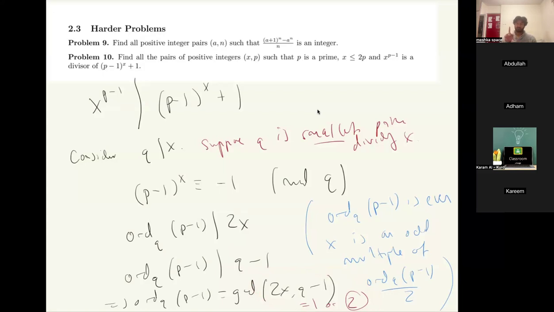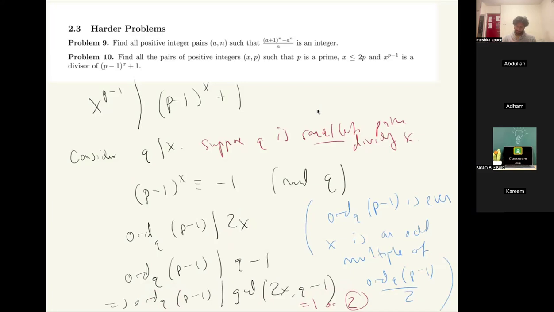You're right, if q is odd, it's 2, and if q is even, it's 1. But that's not how I decided it's between 1 and 2. The way I decided is that the order divides the GCD. So I didn't mean to write equals, I meant to write divides. So the order here divides the GCD, right?